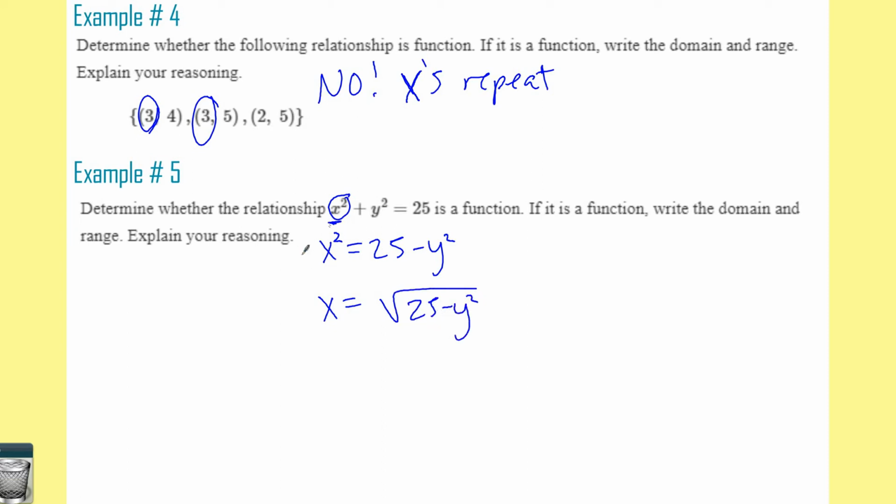Hopefully you remember, if I take the square root, I have to put plus or minus. I said that all through Algebra 2. You put the square root there, you put plus or minus. Then notice what happens. I've got two values.